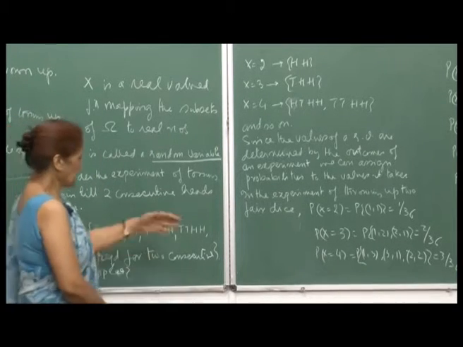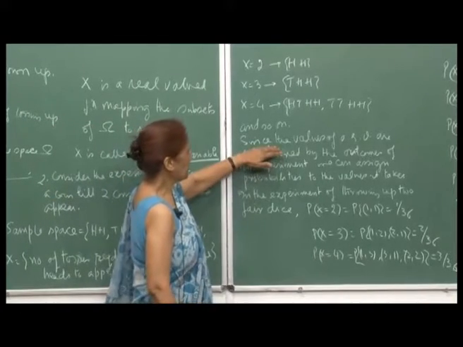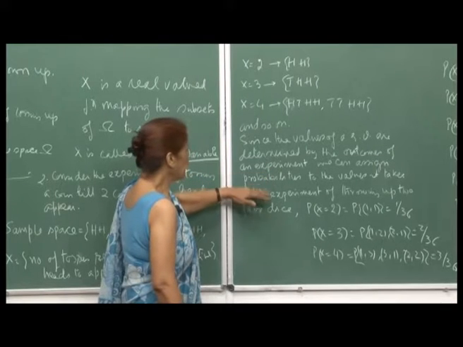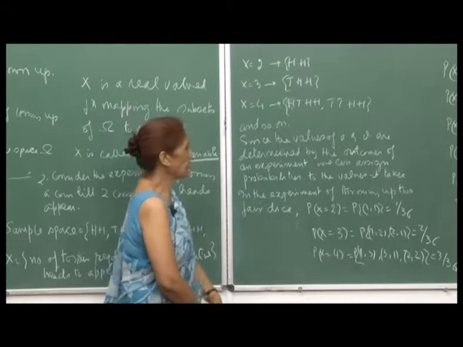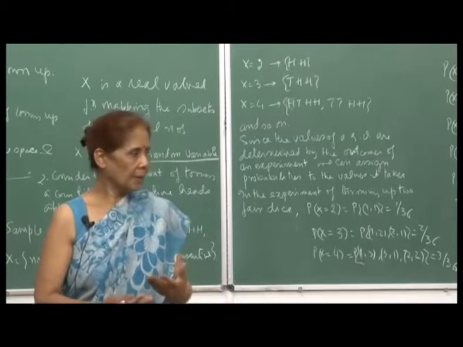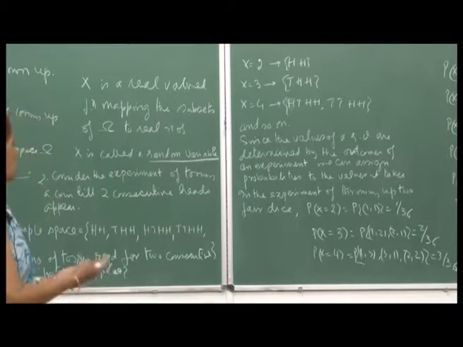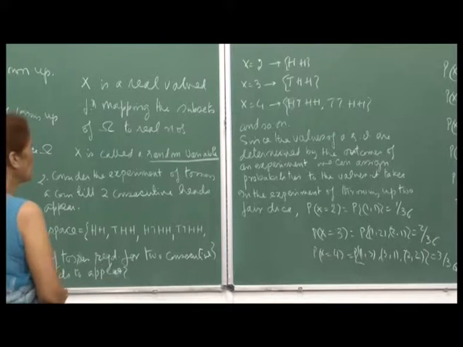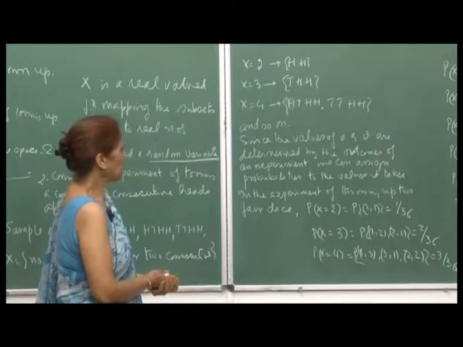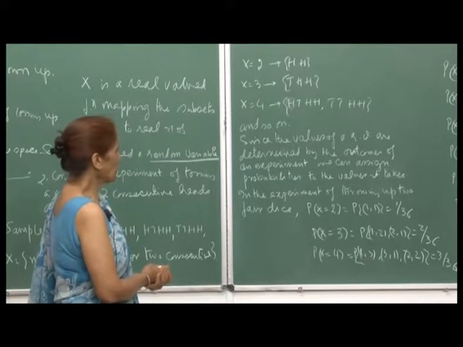Again I will reiterate the same thing: since the values of a random variable are determined by the outcome of an experiment, we can assign probabilities to the values it takes, because there are probabilities associated with the outcomes of the sample space, and since a random variable maps subsets or events from the sample space to real numbers, I can assign probabilities.